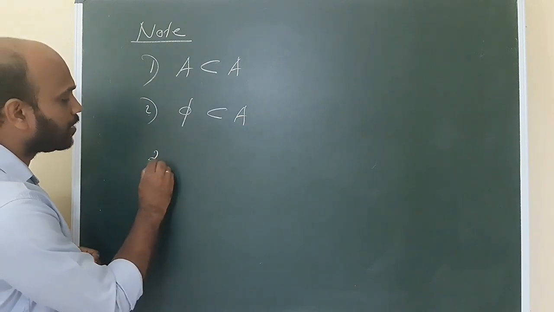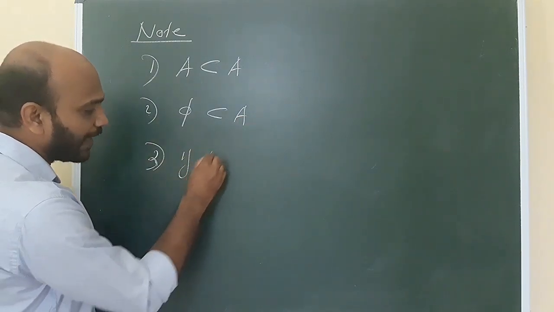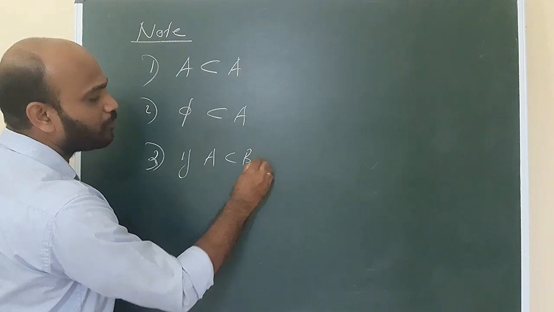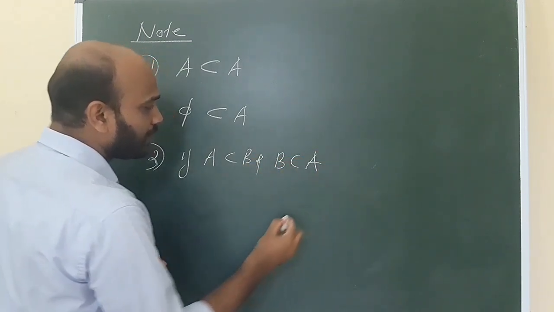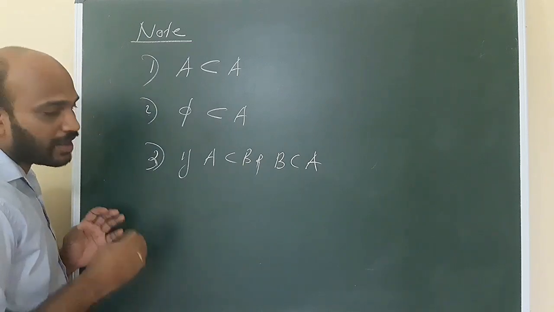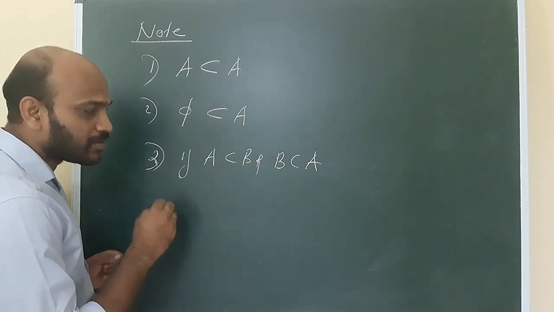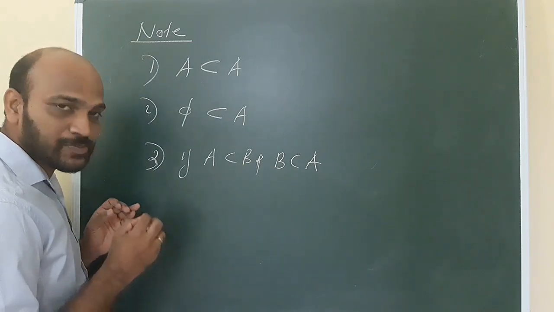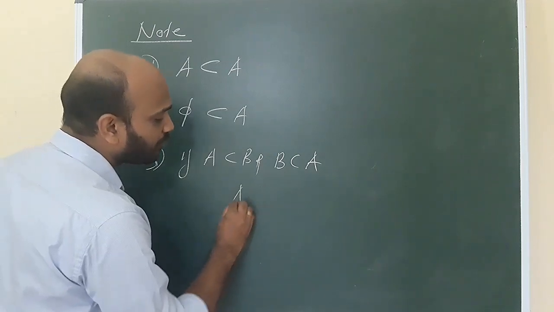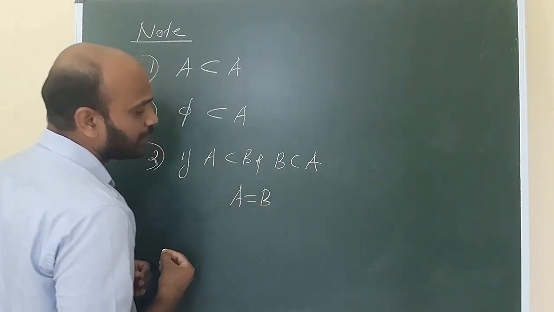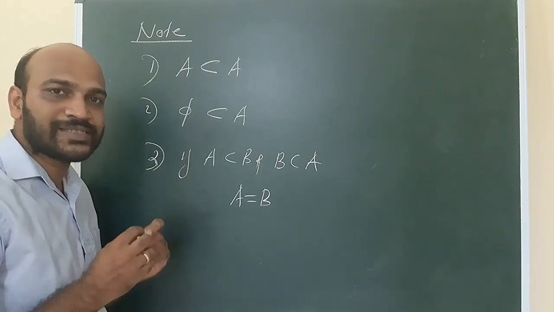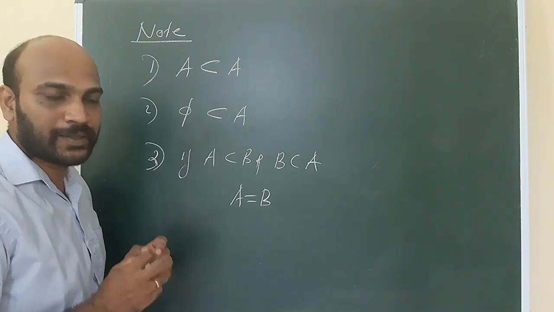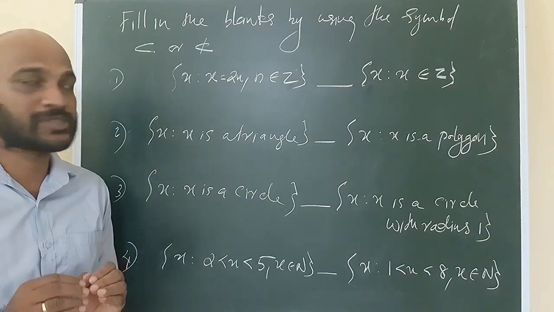Third point: if A is a subset of B and B is a subset of A, then what can we say about A and B? A subset of B and B subset of A is possible only if A is equal to B. That means if A subset of B and B subset of A, then we can say that A is equal to B. Now we can do some problems.